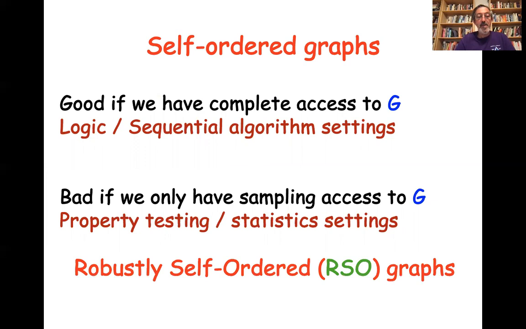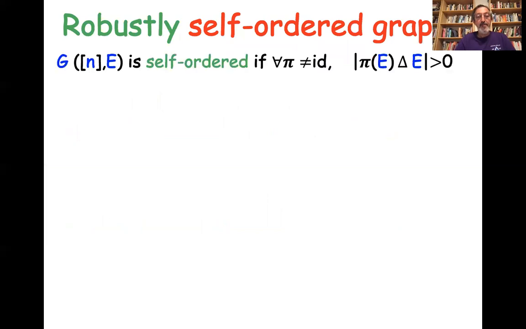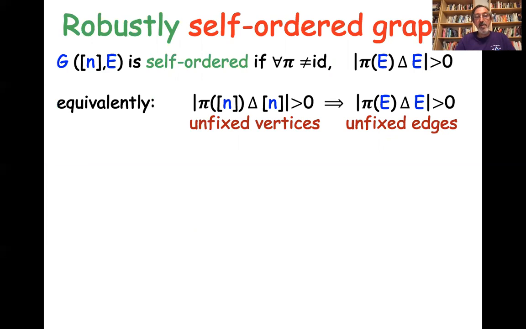And that's what we call robustly self-ordered graphs that I now define. So again, reminding you that a graph is self-ordered if whenever you move a vertex, you move an edge. I wrote it in this particular way. So unfixed vertices, I wrote as a symmetric difference of the vertex names before and after the permutation. If this is positive, then we move a positive number of edges.